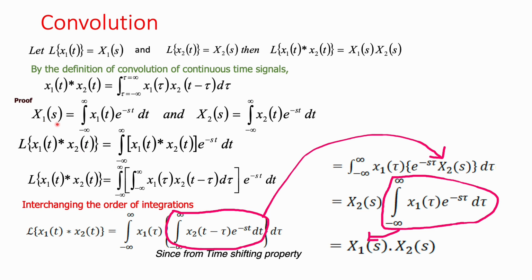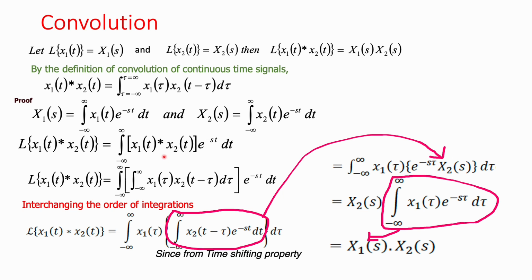x1 of s, you all know, you write the definition. Similarly for x2 of s. Laplace transform of x1 of t convoluted with x2 of t is equal to the integration. So the whole x of t can be replaced by this convolution, x1 of t convoluted with x2 of t, e power minus st into dt.